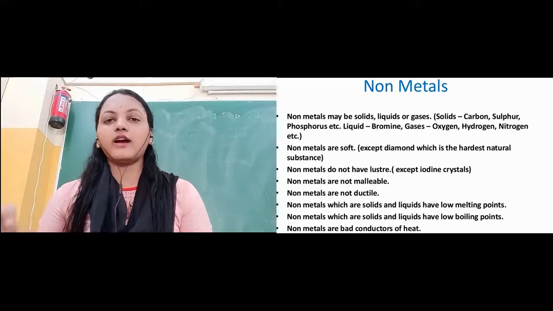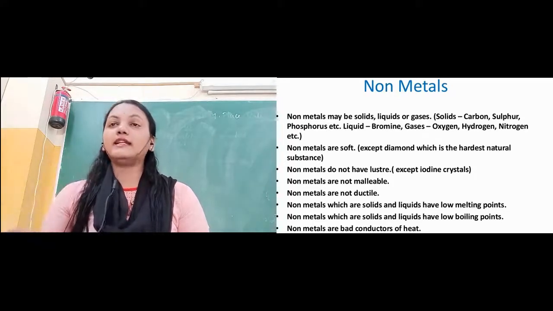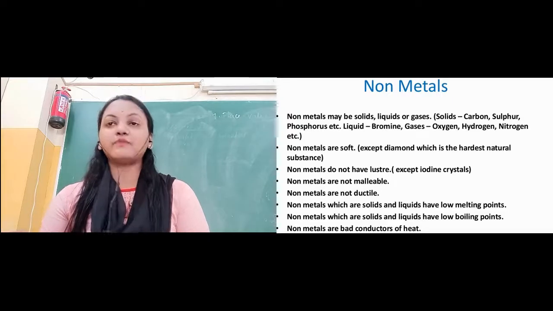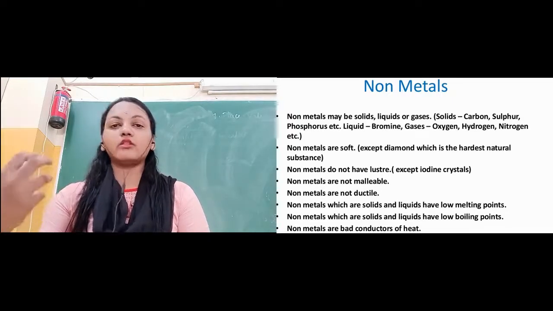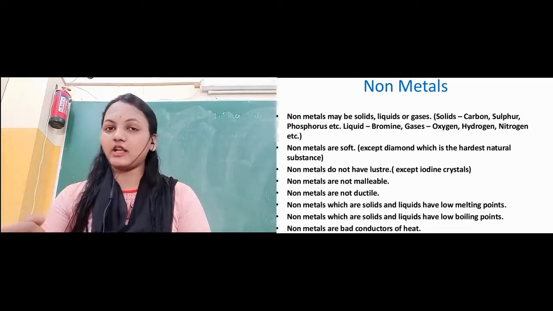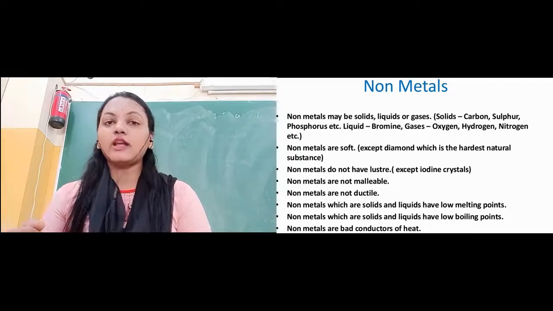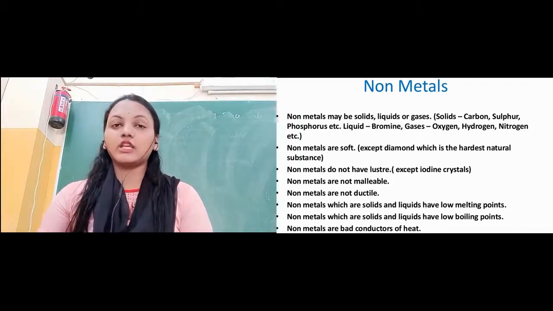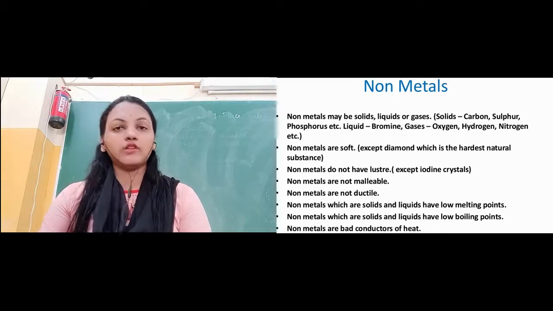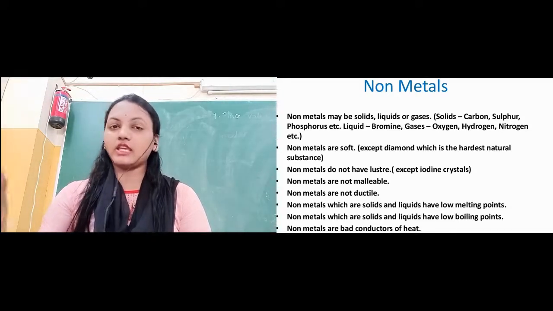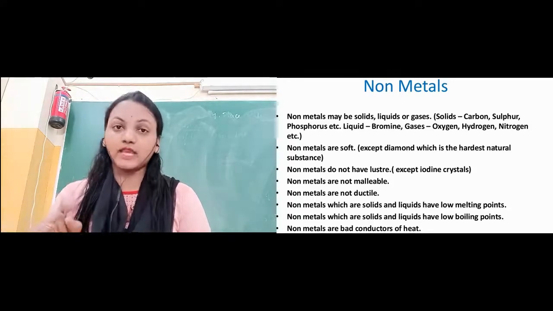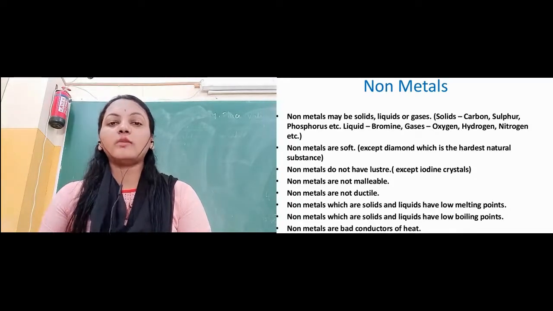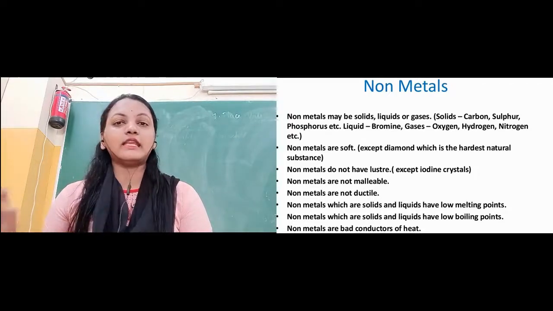What are liquid non-metals? Liquid non-metals are bromine. Gaseous non-metals are oxygen, hydrogen and nitrogen, etc. Okay, these are the gaseous non-metals. So non-metals are found in all three states.